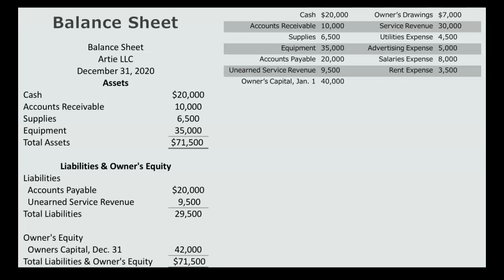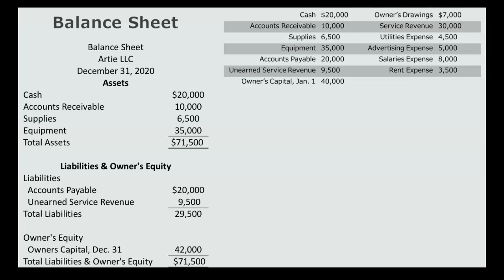And we see that we end up with our total liabilities and owner's equity of $71,500. Now we also see that same number as our total assets. And again, that's not a coincidence, right? Our assets must equal liabilities plus owner's equity.